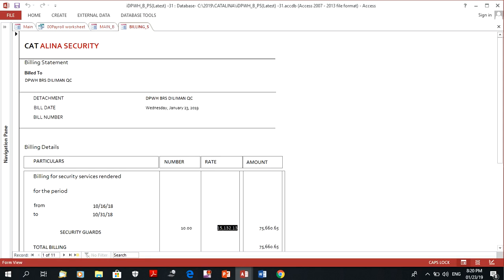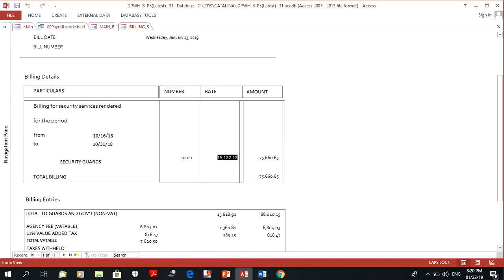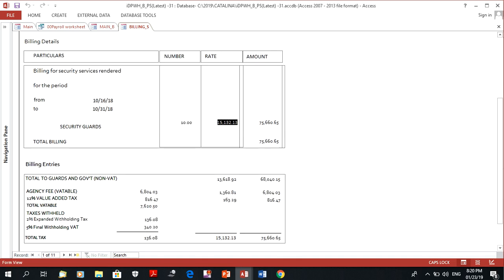If you notice the entries here, you have this figure, which is supposed to be the total billing for the period, and you have entries like total guards, government non-VAT, agency fee, and value added tax.